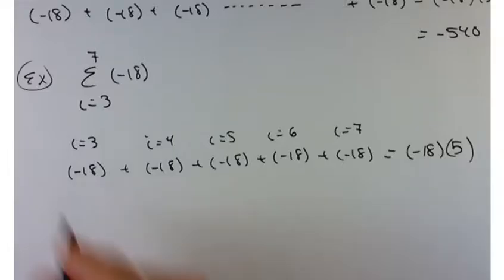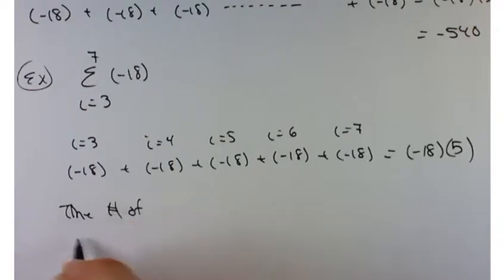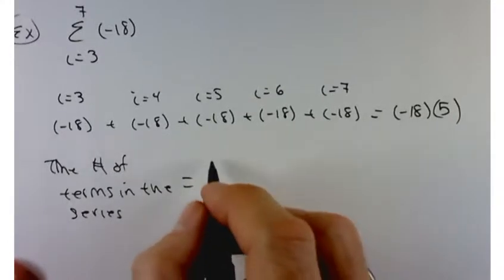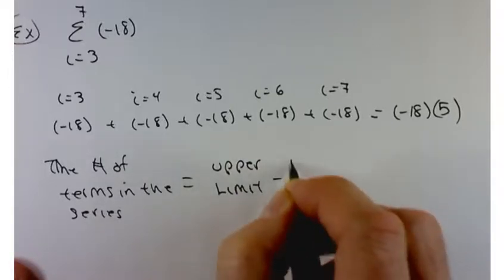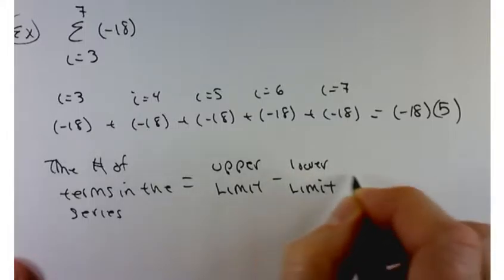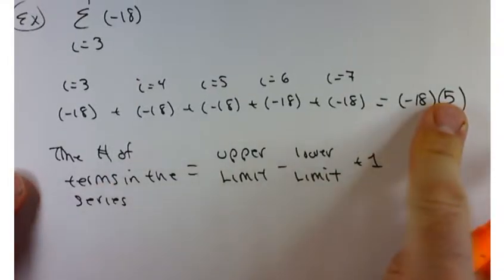So the number of terms in the series equals the upper limit minus the lower limit plus 1. And that's something to keep in the back of your mind when you're working with these things so that you don't accidentally multiply by the wrong number here.